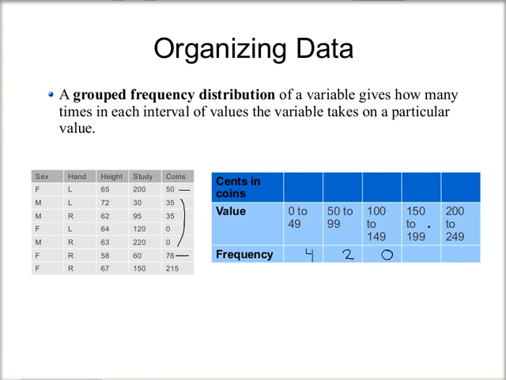I also don't have any individuals with 150 to 199, so that frequency is also going to be 0. And I've got one individual between 200 and 249, so that frequency is going to be 1. Alright, so that fills in my grouped frequency distribution, and even though I have zeros for frequencies in these two intervals, I didn't skip any intervals. I included everything from the interval that includes my smallest value up to the interval that includes my highest value.